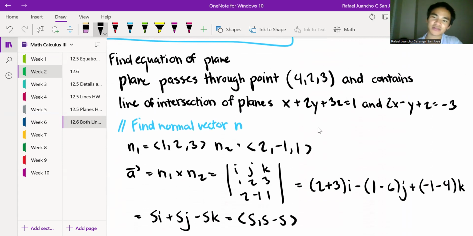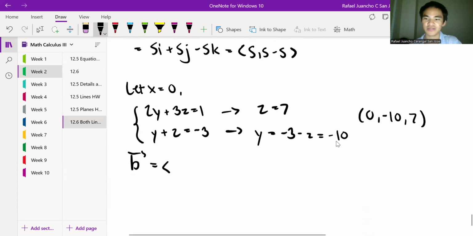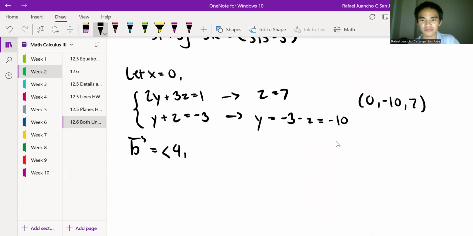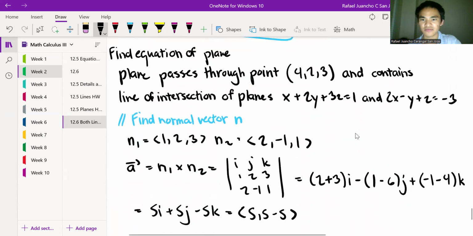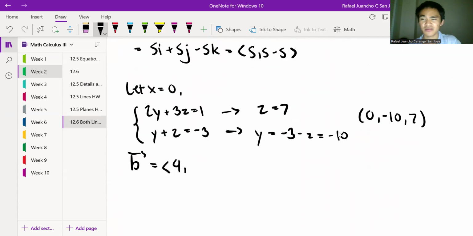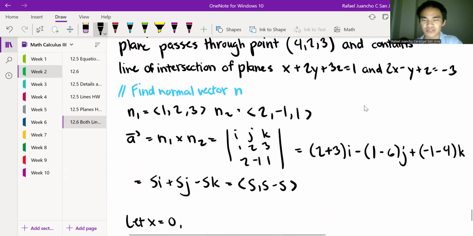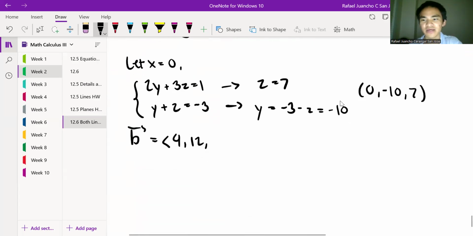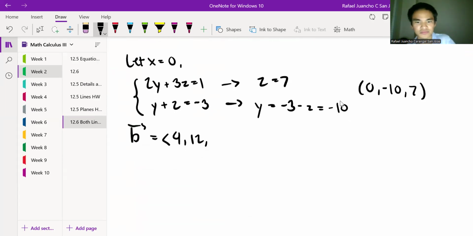So I have to subtract this to here. So 4 minus 0 is 4. 2 minus negative 10. So it's positive 12. Because that's just 2 plus 10. 3 minus 7. Ooh, almost. Negative 4. Done. Now, once we get that, we want to get their cross product again to get the normal vector.